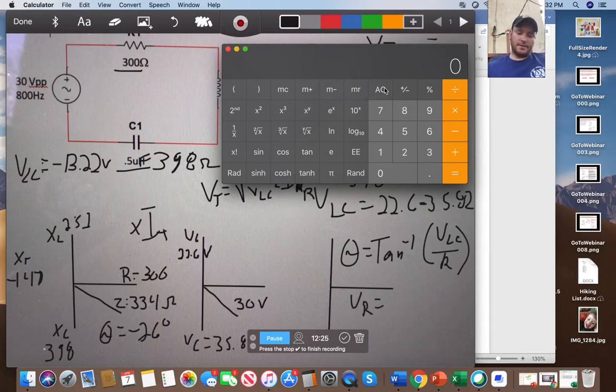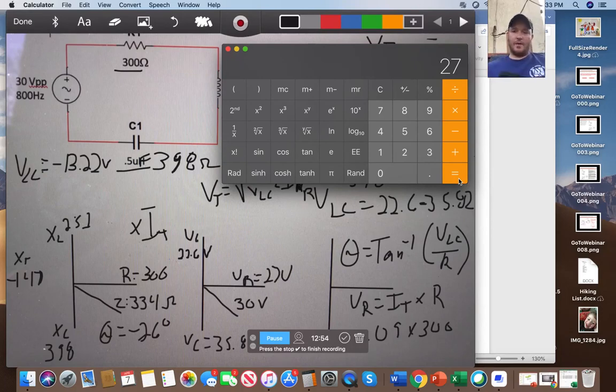VR equals IT times R, so that would be 0.09 times 300, which equals 27. So VR equals 27 volts.